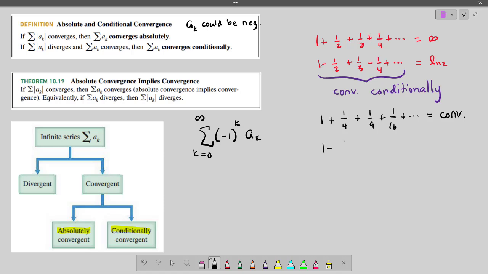And if we take the alternating version of that series, do you think it's going to converge? Yeah, we have a couple of ways to think about it. It's an alternating series and the terms are decreasing to 0 in magnitude. That's the alternating series test. That's all we need. So this would converge by the alternating series test.